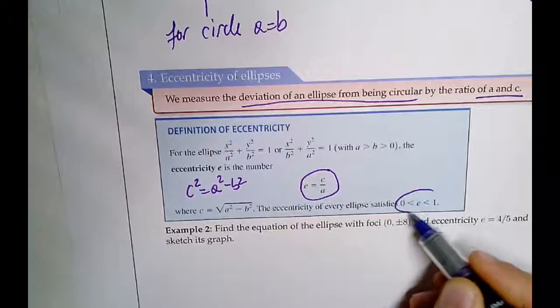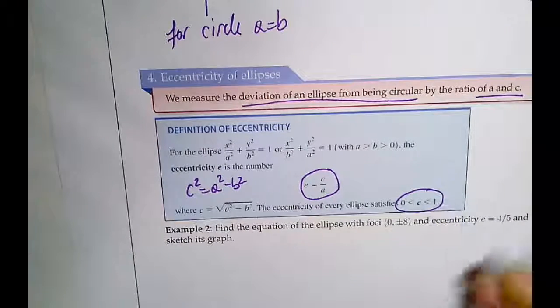And the eccentricity has the property that it's always a number between 0 and 1.